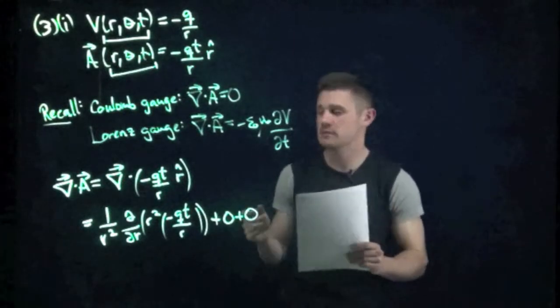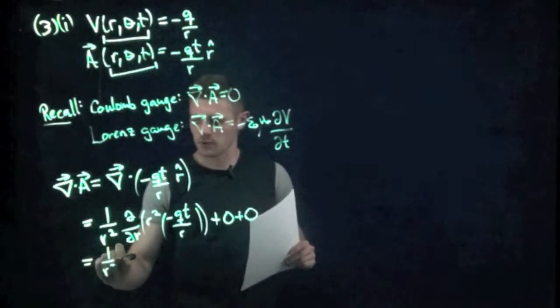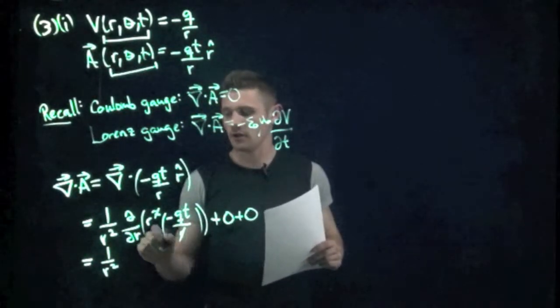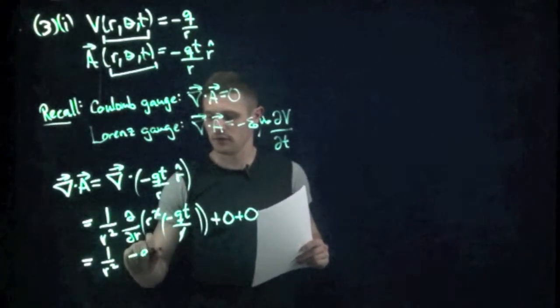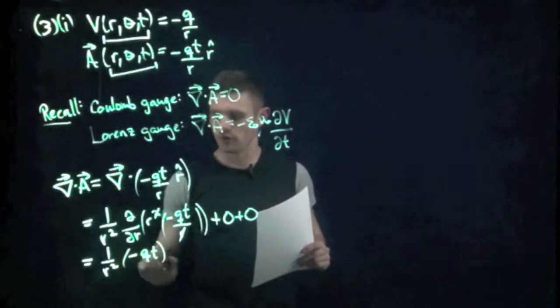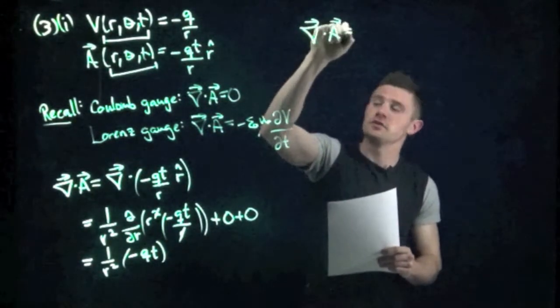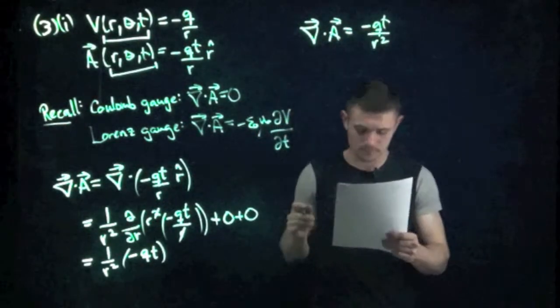Taking these derivatives, the r squared cancels with the r in the denominator, and taking the derivative with respect to r, we just get negative qt over r squared. So the divergence of A is equal to negative qt over r squared.